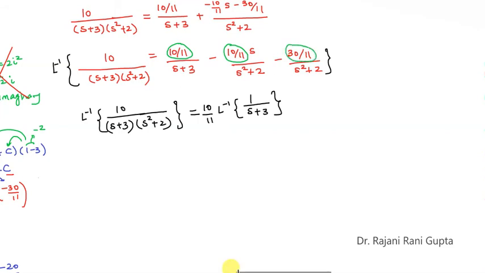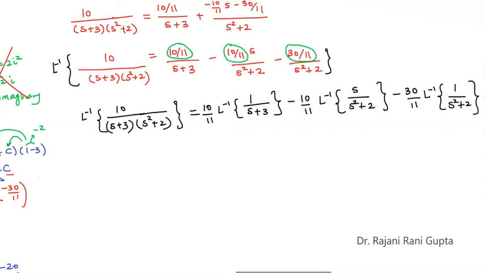So we write minus 10 over 11 Laplace inverse of s over s square plus 2 minus 30 divided by 11 Laplace inverse of 1 over s square plus 2.